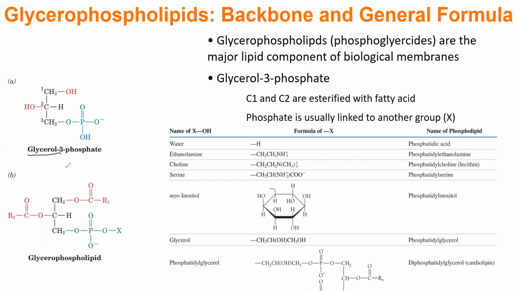Glycerol, what we just looked at, but if it's a phospholipid, all that means is that instead of an OH here, we have this phosphate group. And depending on what's connected to that phosphate group, we give it different names. So if you look at the glycerol phospholipid down here, these R groups mean fatty acids.